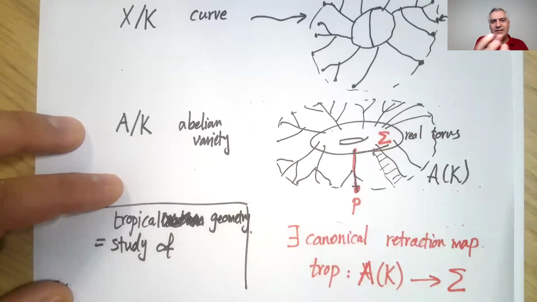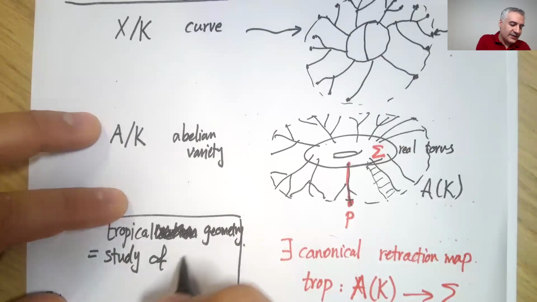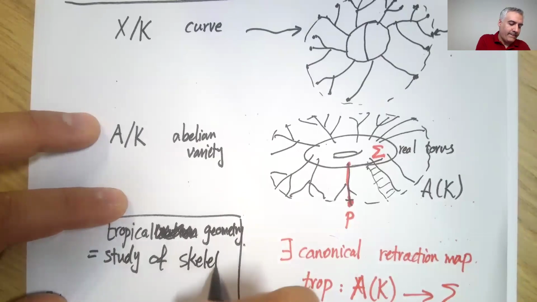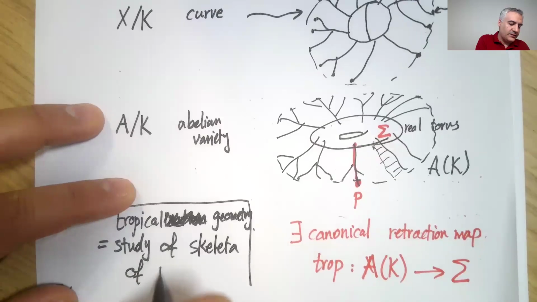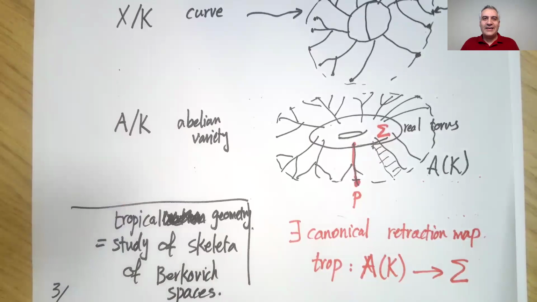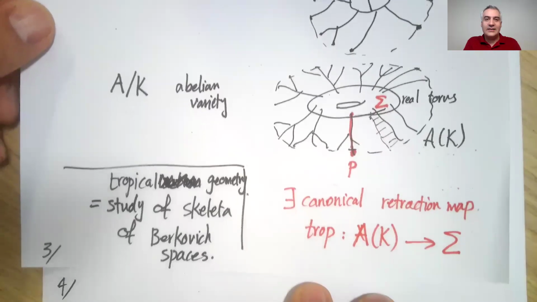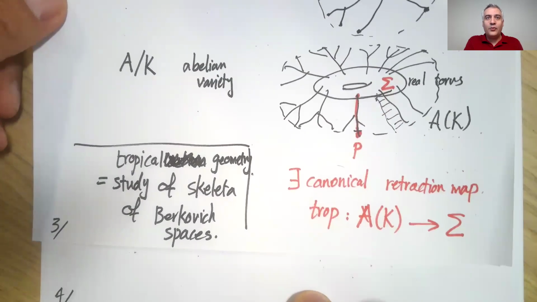By skeleton, I mean this thing that sits inside Berkovich space. Study of skeleta of Berkovich spaces. And by no means am I saying this is the only way of thinking. I mean, some people might very much not like this definition, but for the purpose of this talk, this is the appropriate definition.